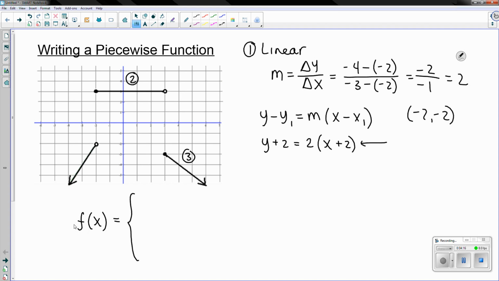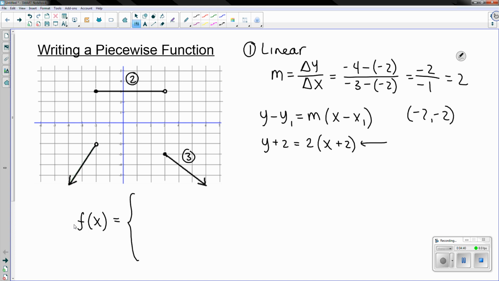But we just want to make sure it's formatted in a way that I can carry it over to this piecewise. The piecewise is defined as f of x equals. We know f of x is function notation that is synonymous with y. So I just want to make sure that this linear function is solved for y, so I can take that expression that's defined solely in terms of x and carry it over into the piecewise brace.